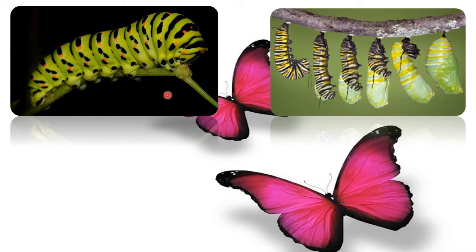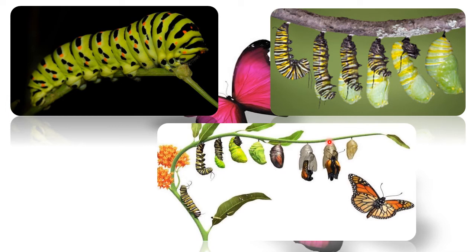Once they consume these leaves, what happens? They will try to shed their skin, and the entire body will be covered like this, which we call the pupa. Here is an elaborate picture where the eggs are laid and hatched as a caterpillar.